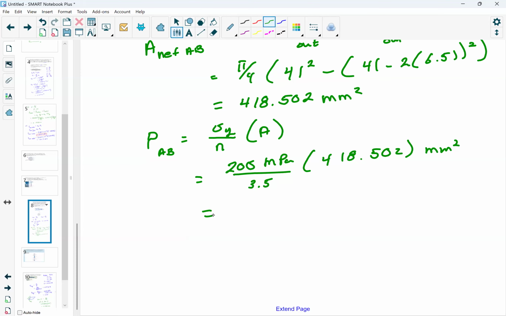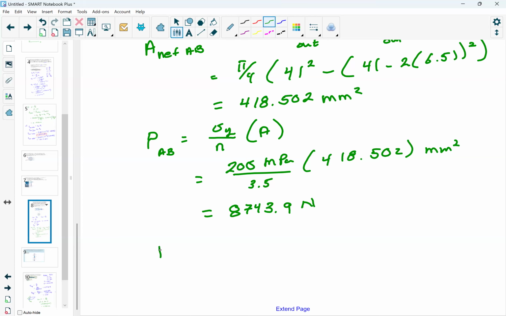When you put that in a calculator, I do believe you end up with 8743.9 newtons. Okay, so that's this tube's yield.